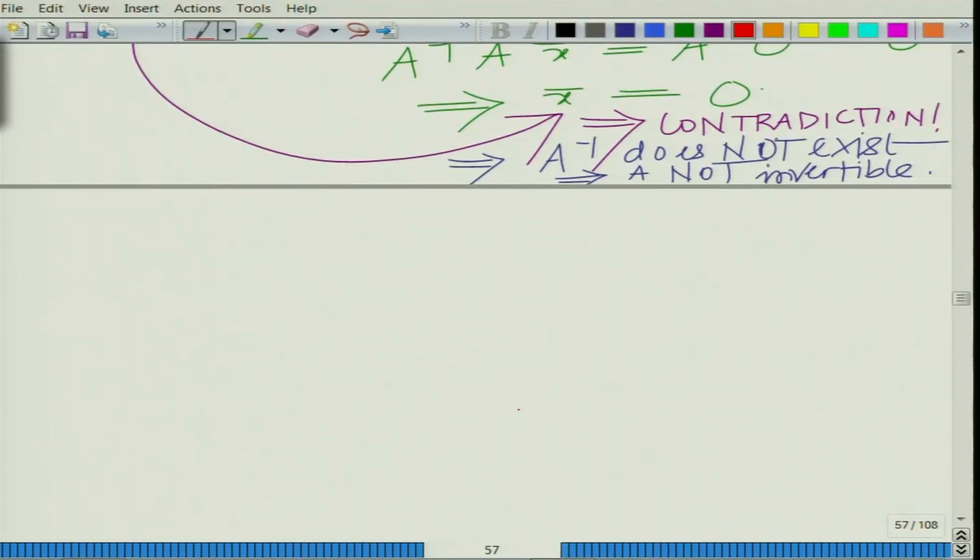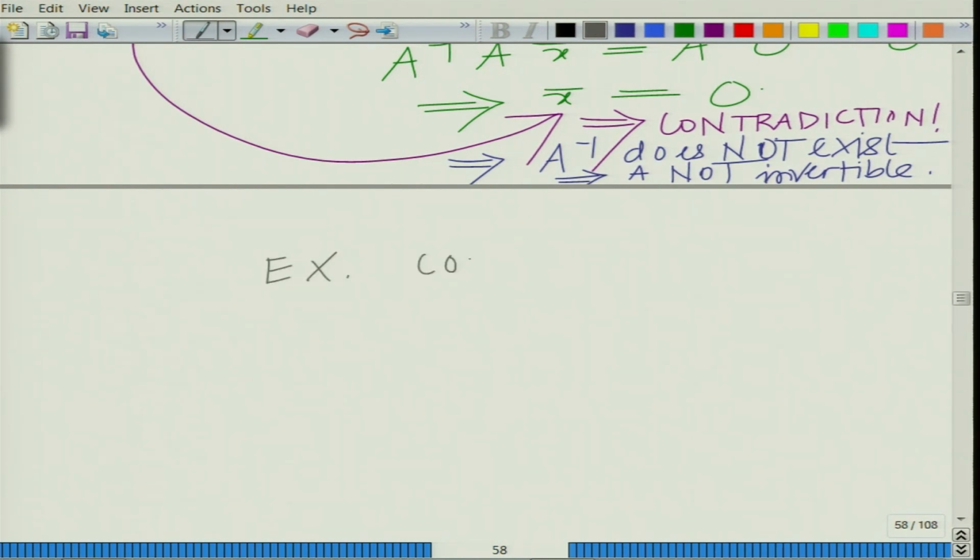So there is an equivalence between all these different properties of a singular matrix. Okay. All right. Now, let us look at a simple example to determine the null space.